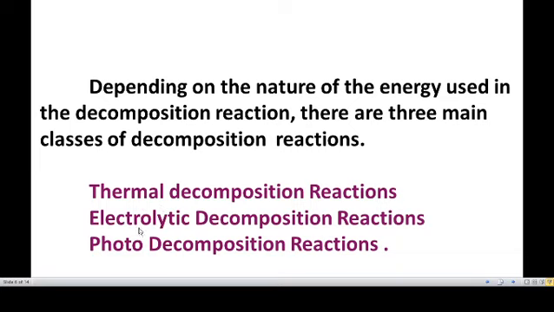Second, electrolytic decomposition reactions. Third, photo decomposition reactions.